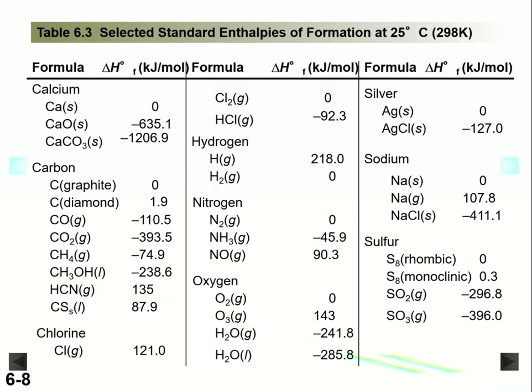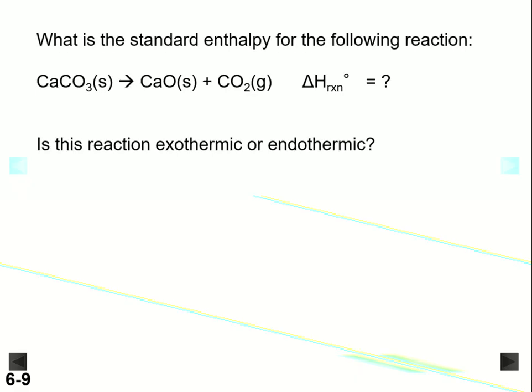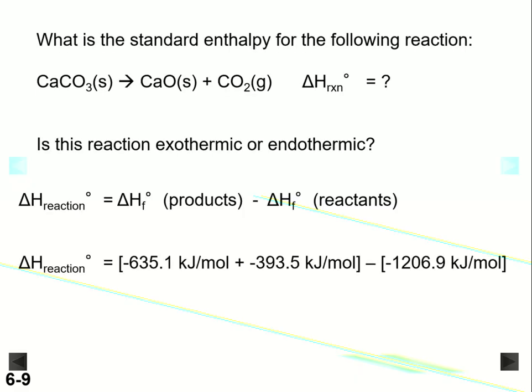So we'll use those three values for delta H0 formation. Plugging those in, as shown here, we take the sum of all the products, so negative 635 plus negative 393. We add that together, we subtract off the reactants, and we end up with a value of plus 178.3.